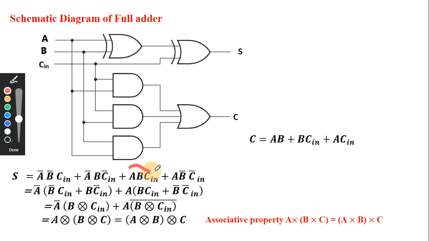From the other two terms, if we take A common, this is B C in plus B bar C in bar. This is the expression for XOR gate, and this is the expression for XNOR gate, BC plus B bar C bar.